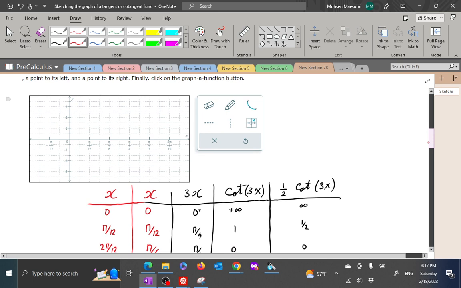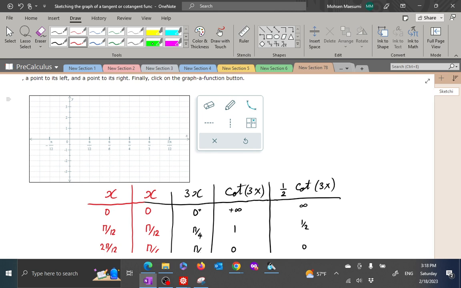How does it help us? Well, you see, we have pi over 12 labeled for us. This picture has 2 blocks of it, each pi over 12.